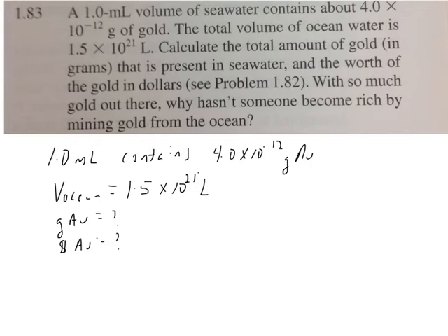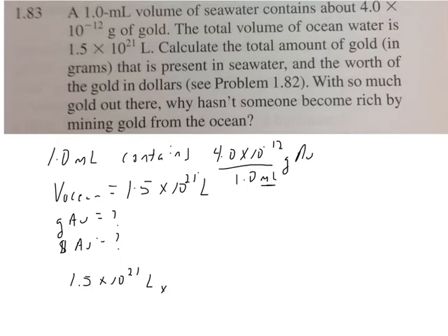So the first thing I want to do is, I see that I've got 1 milliliter contains 4 times 10 to the minus 12 grams. That basically tells me that it's a concentration, kind of like density. So the grams of gold will be on top, and I will divide by, for every 1.0 milliliters of water. So I'm going to take my 1.5 times 10 to the 21 liters, and I'm going to convert that to milliliters because I've got to cancel out the milliliters there.